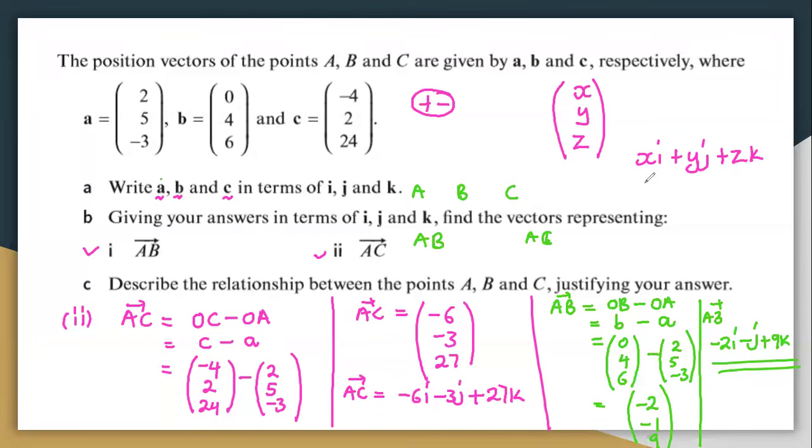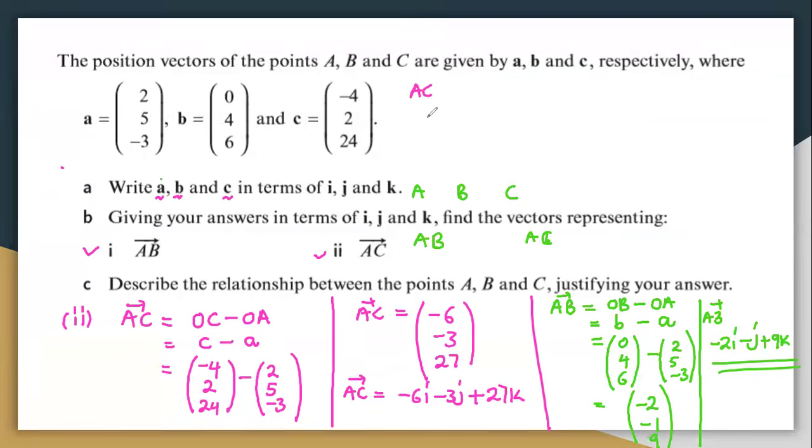When you look at the vectors for AC and the vectors for AB, you know the vectors AB and AC have one common point, which is point A, right? And when you look at AB's x, y, and z components, AC is a scalar multiple of AB, basically.